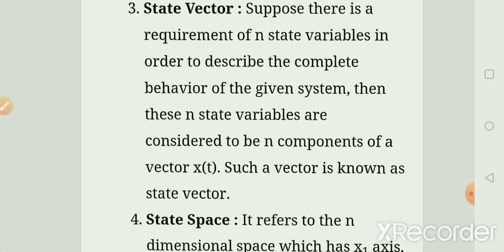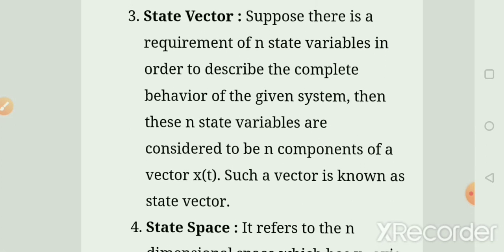And next is the state vector. Suppose there is a requirement of n state variables in order to describe the complete behavior of the system, then these n state variables are considered to be components of the vector x(t). Such a vector is known as the state vector. It means it is a vector of state variables.